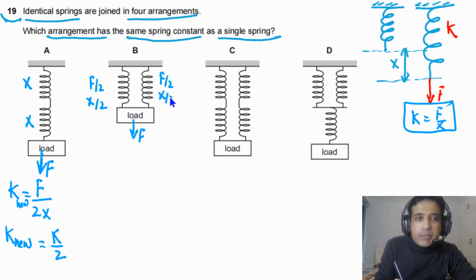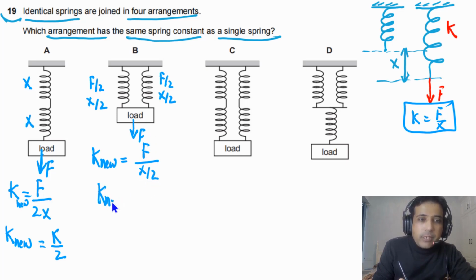So now we can find the value of the spring constant. K new in this case is the total force over the total extension, which is 2F by X. So we get 2 times K, which means the spring in this case is more stiff because it has a higher value of spring constant.